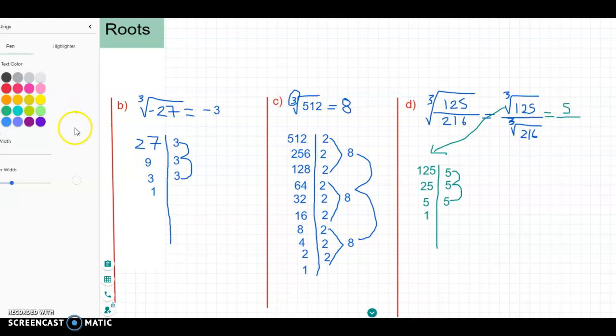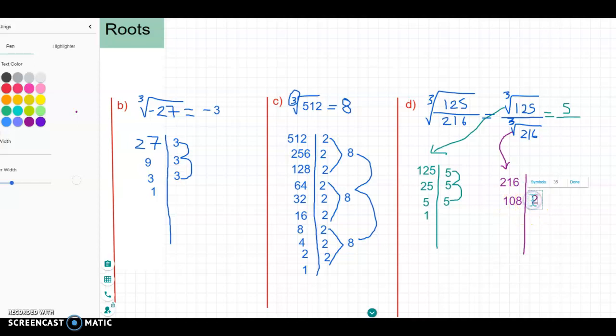So let's take a look now at the denominator. The cubic root of 216. All right. So 216, the same, we do prime factorization. We can start dividing by 2, which is 108.